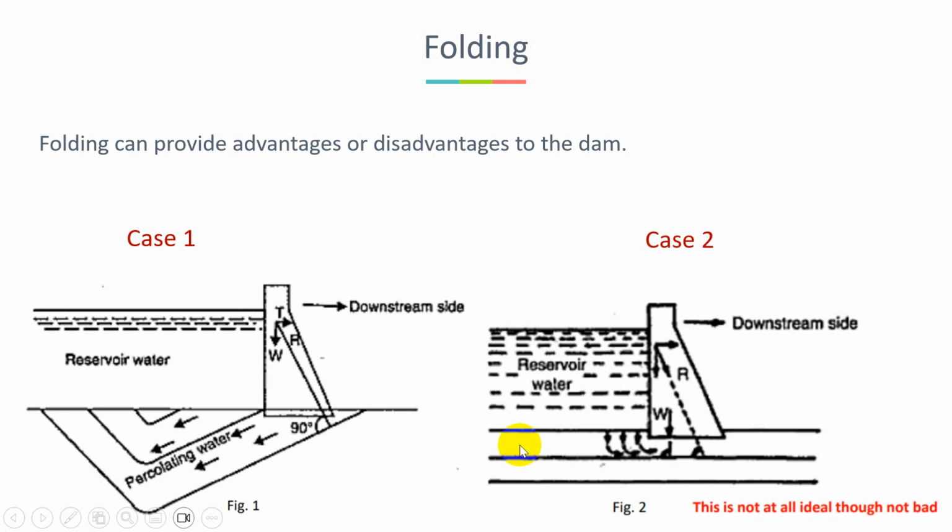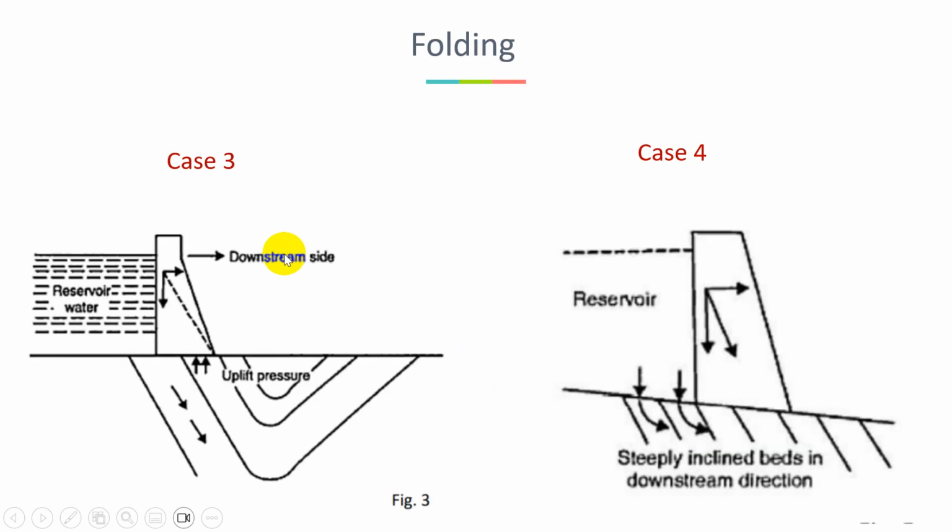Case number two, if the direction of the layer is horizontal, this is not ideal, but not bad. Case number three, this is not good for the stability of the dam and very dangerous for dam collapse, and also the water from the reservoir has potential leakage to here. And case number four is the worst condition, in which the resultant is in the same direction as the layer.